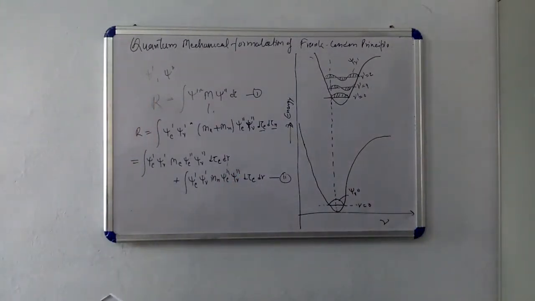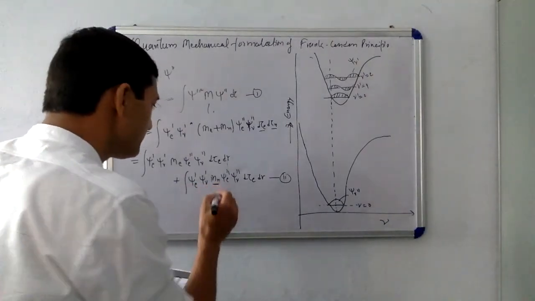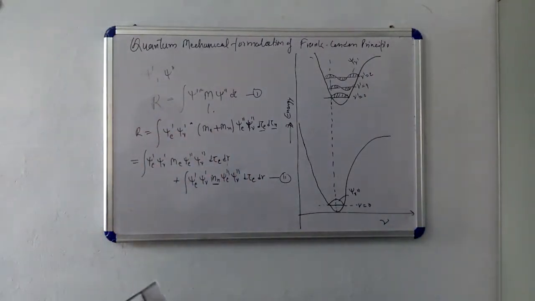Now the nuclear dipole moment M of N is independent of the coordinates of the electrons.